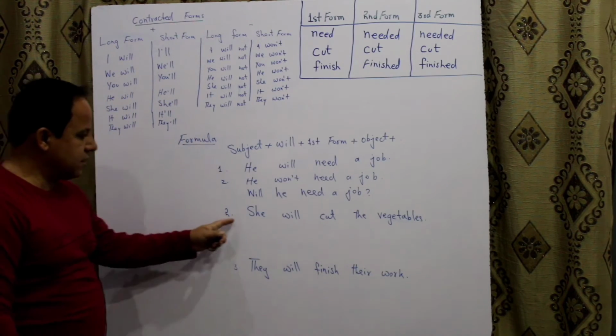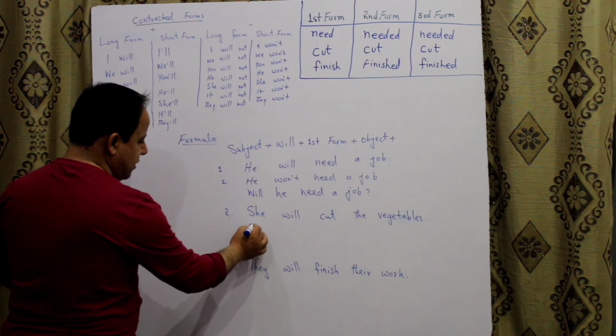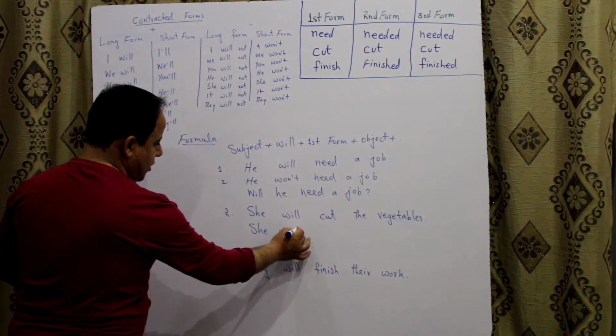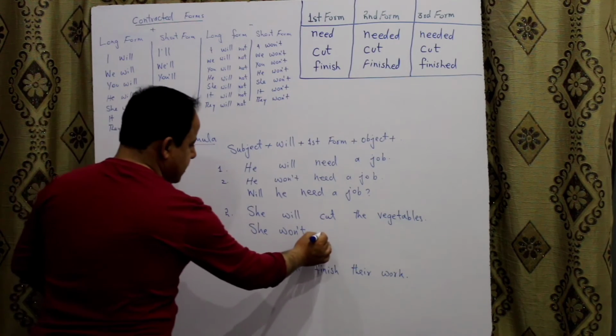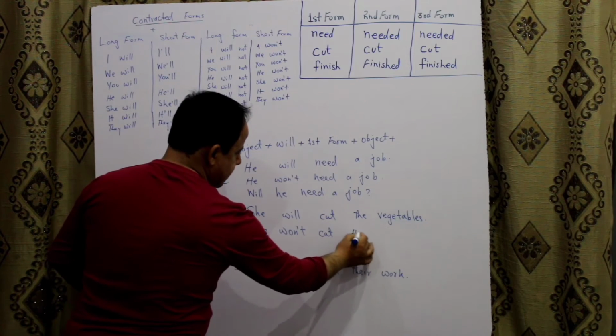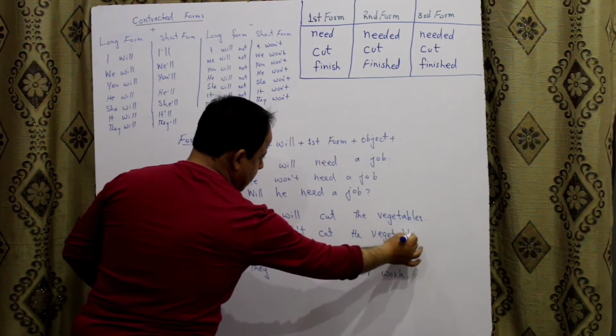Now the next sentence there, she will cut the vegetables. If you want to make the negative, just after the subject we use will not or won't. So won't is our contracted form. She won't cut the vegetables. Cut is here our bare infinitive, and vegetables is our object.